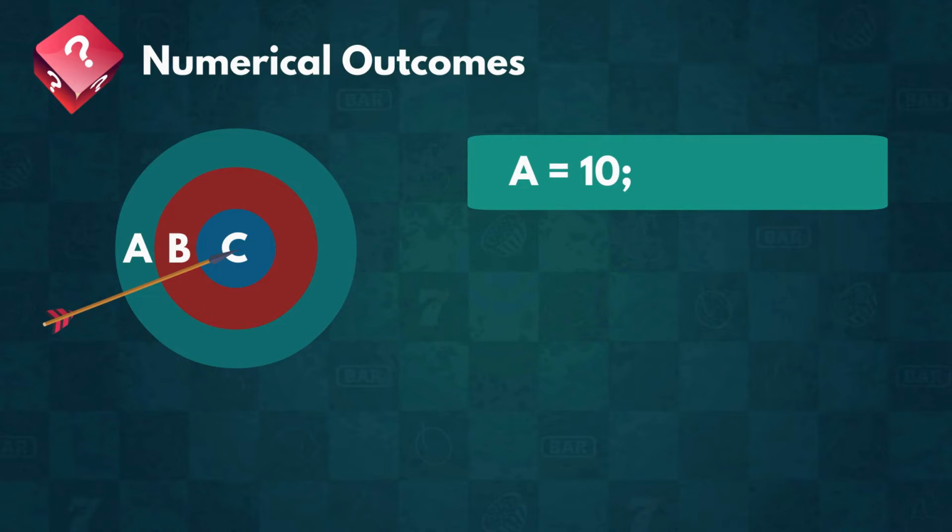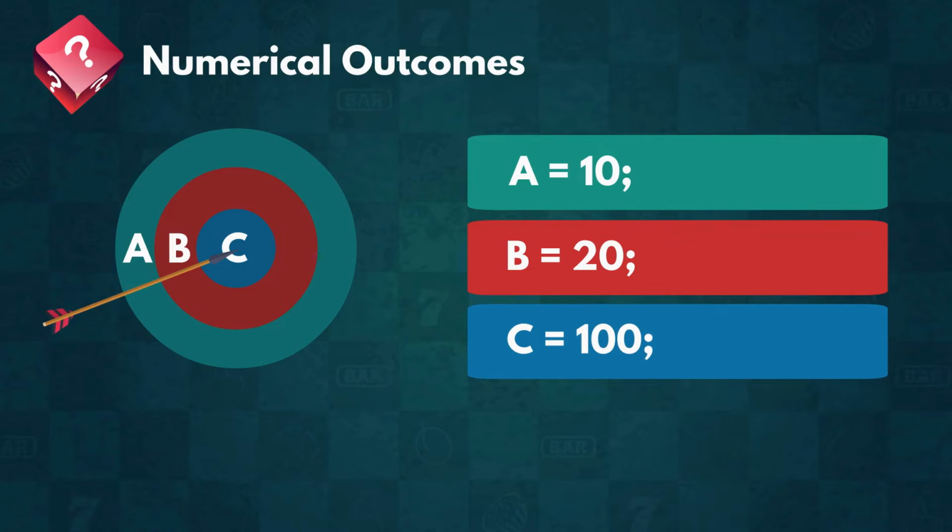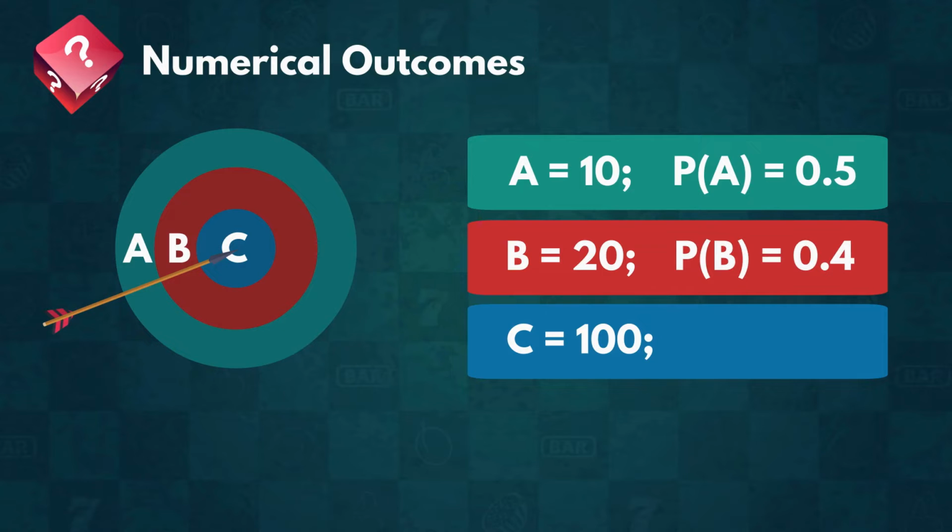The second one is worth 20 points. And the bullseye is worth 100. You have practiced enough to always be able to hit the target, but not so much that you hit the center every time. The probability of hitting each layer is as follows: 0.5 for the outmost, 0.4 for the second, and 0.1 for the center.